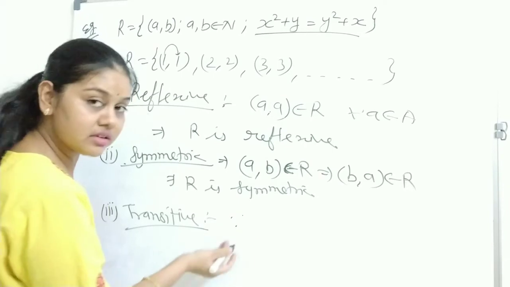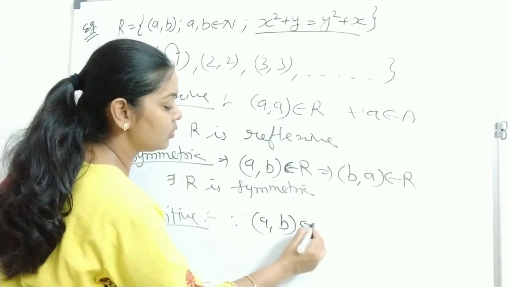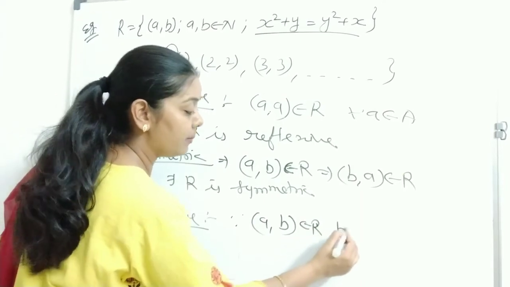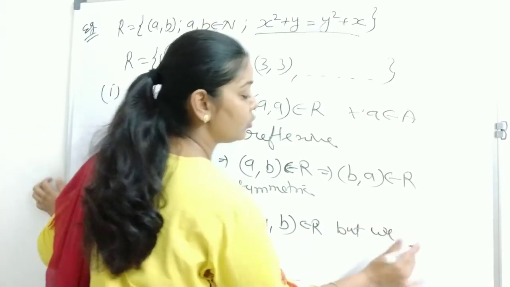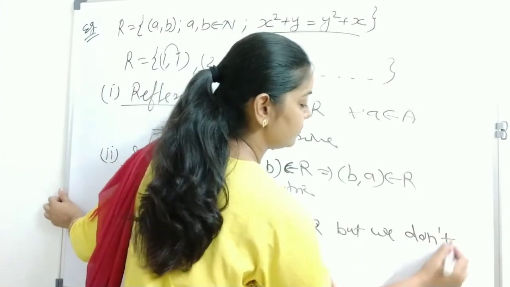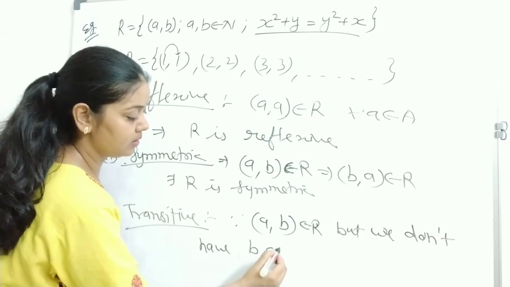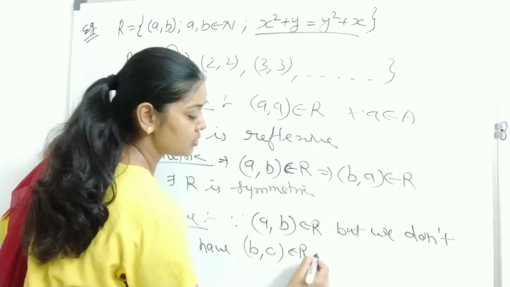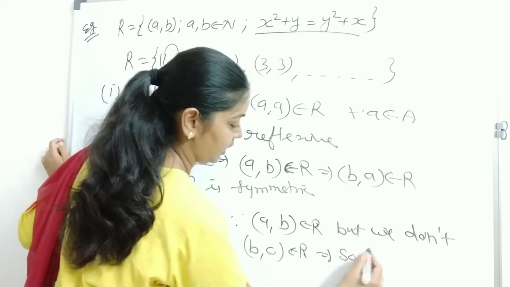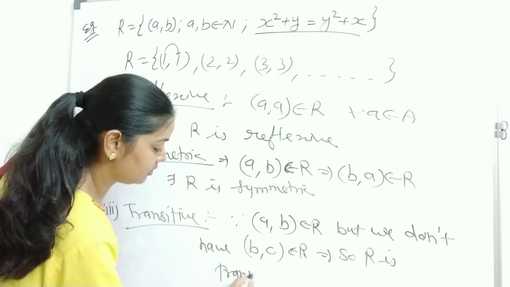Or you can write, since (a, b) belongs to R, but we don't have (b, c) belonging to R, R is transitive.